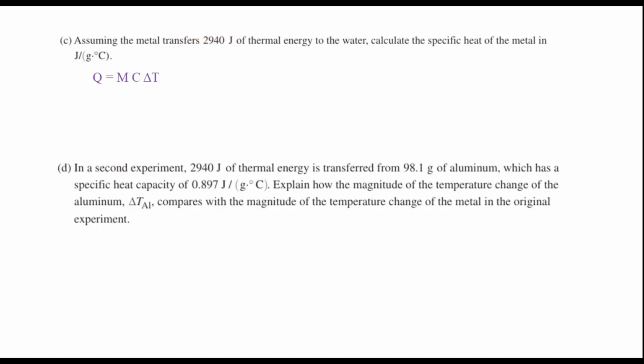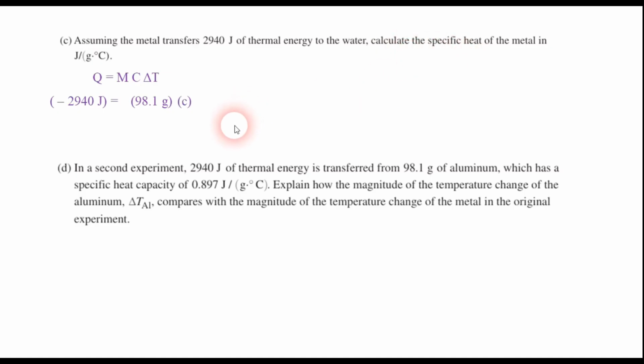So that means that the metal is actually losing 2,940 joules. So I'm writing this as a negative 2,940 joules in that Q. Now the mass, if we go back to the problem there, it says that the mass in that data table was 98.1 grams. So I'm going to put 98.1 grams in for the m. Now we're trying to calculate the specific heat. So that's our c, which is our unknown.